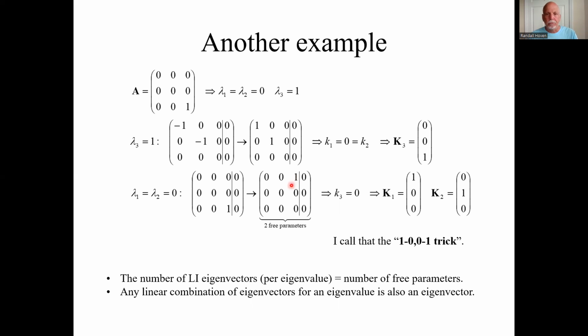All this matrix tells us is that K3 equals 0 no matter what. And I do what I call the 1, 0, 0, 1 trick. When I have 2 things to play with, to make sure they're linearly independent, I'll set 1 to 0 in one case and the other to 0 in the other case.